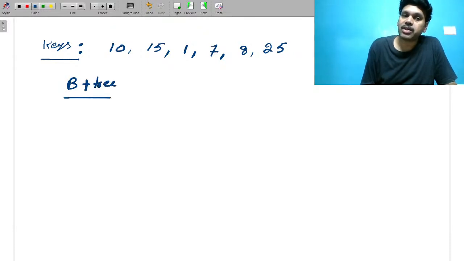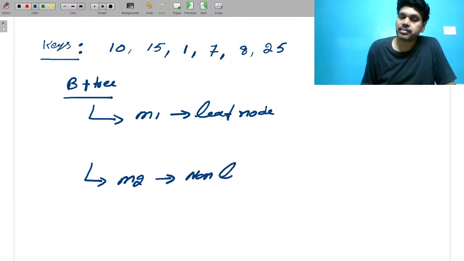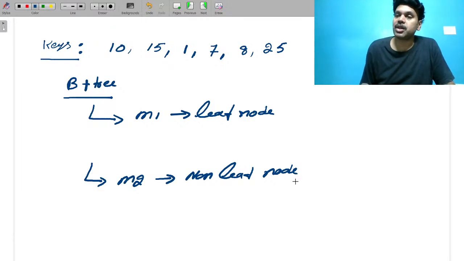As I said, you need two orders: one order for the leaf node and another order for the non-leaf node. So two different equations, because the leaf node structure is different from your internal node and root node structure.